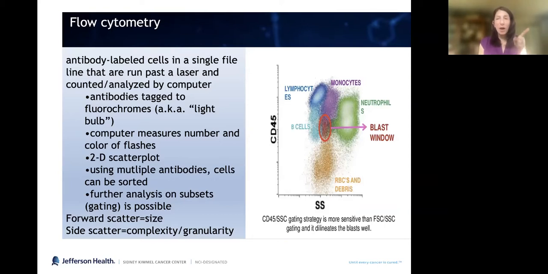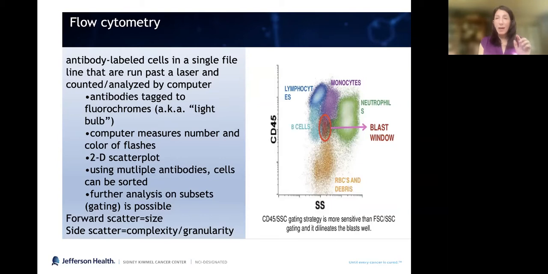And we send them one by one through a machine. A laser shoots through that and it measures whether the light bulb is glowing or not. And it gives us all kinds of information about cells. And so you can take this sample of blood from somebody and you can turn it into what you're looking at here, which is all of the different kinds of cells, right?